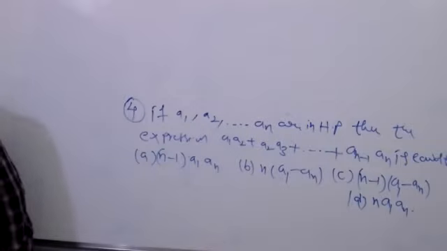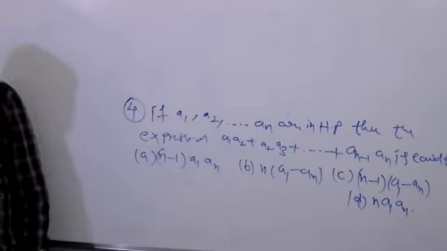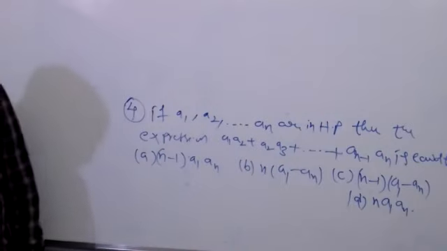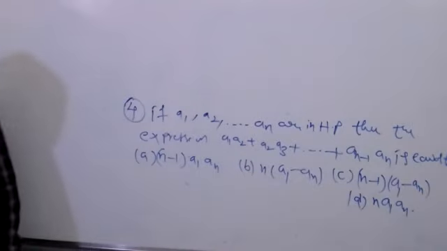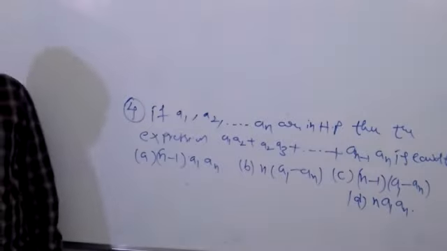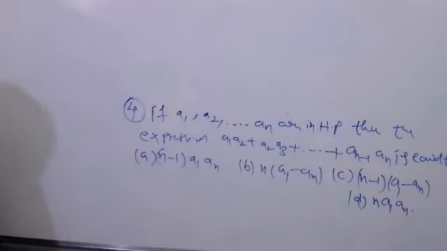Understood the problem? Yes, sir. Okay. Here, if A1, A2, and so on AN are in HP, then the expression A1 A2 plus A2 A3 plus so on plus A(N minus 1) into AN is equal to. Since A1, A2, AN are in HP, 1 upon A1, 1 upon A2, and so on 1 upon AN are in AP, the reciprocal of HP.